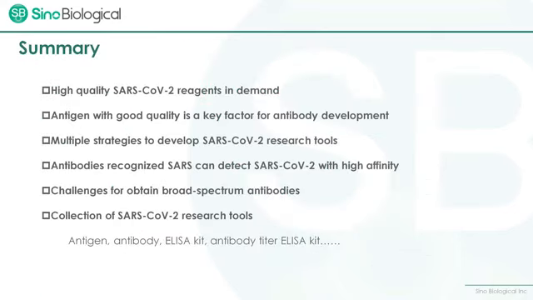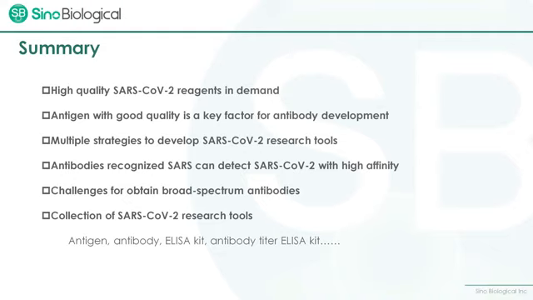To summarize our talk today, we think there is a high demand for high quality SARS-CoV-2 reagents, and Sino Biological is working hard in this area. For antibody development, no matter for SARS-CoV-2 or other targets, we believe antigen with good quality is a key factor.